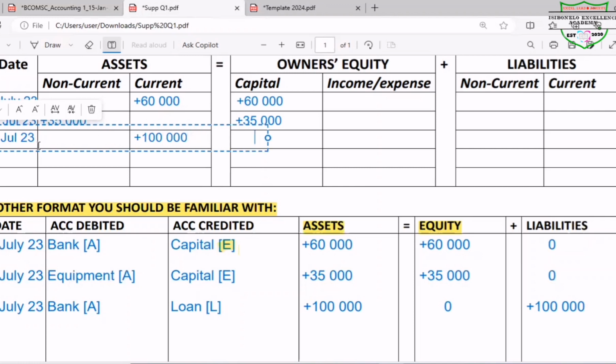And we go straight to the liabilities section. We said this loan is payable after 12 months, so it is classified as non-current, or you can say long-term liability, long-term debts, 100,000. Then we are done. Next transaction.